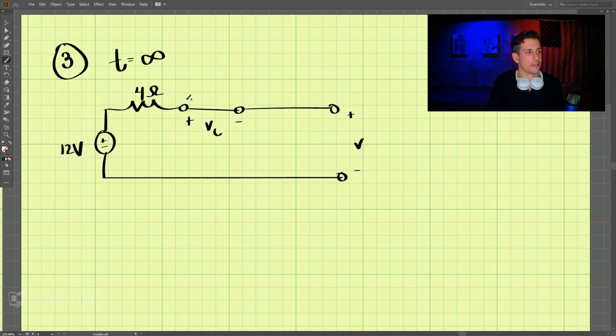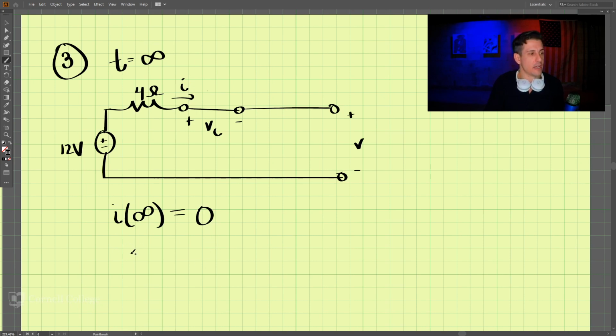Now, if we want the current and the voltage, I think you can see at I(infinity), there is no current. This is an open circuit. There is no current. So that is going to be equal to 0.